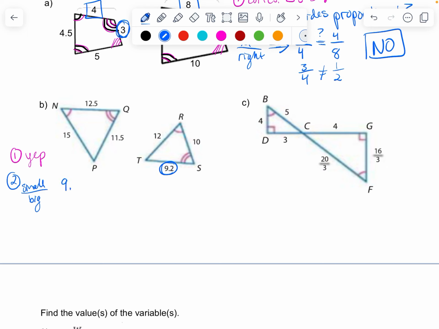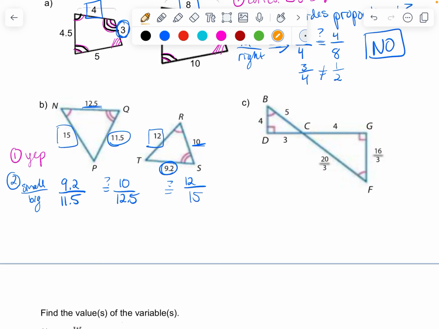So I'm going to pair the smallest one with the smallest one and see if that equals the medium with the medium, and then see if that equals the largest with the largest.